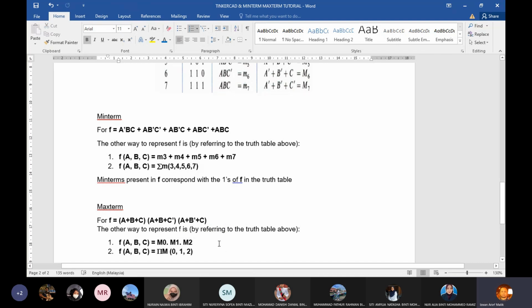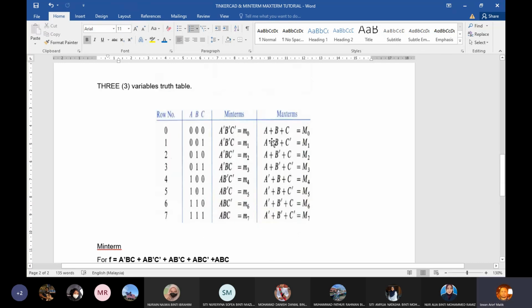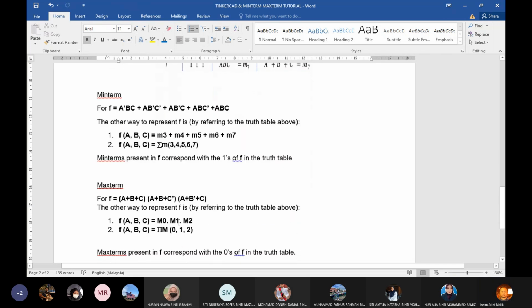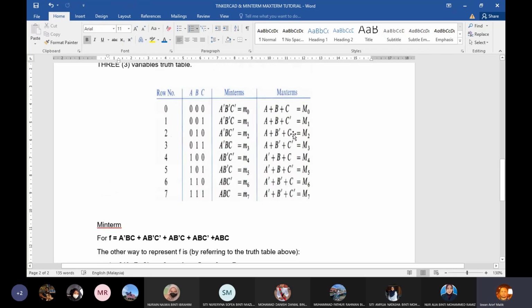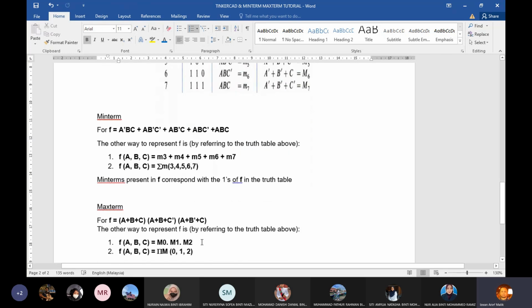Then you have A, B, C bar, which is here, which is the Maxterm M1. And then A, B bar, C adalah M2. So saya gantikan dia jadi M2. So this is the first representation which is equivalent to this one.